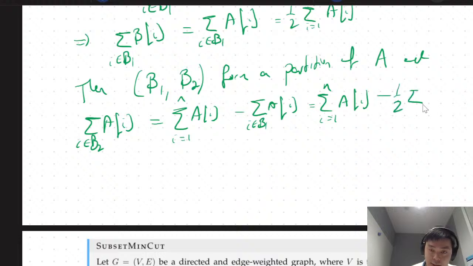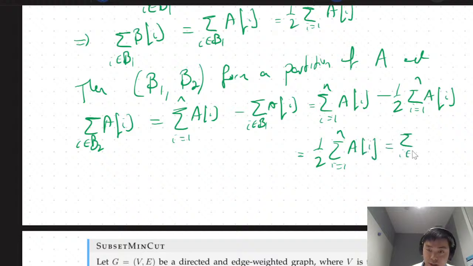And then if I take the total sum minus half times the total sum, this is just half times the total sum as well, which is equal to the sum of all of the elements in B1.